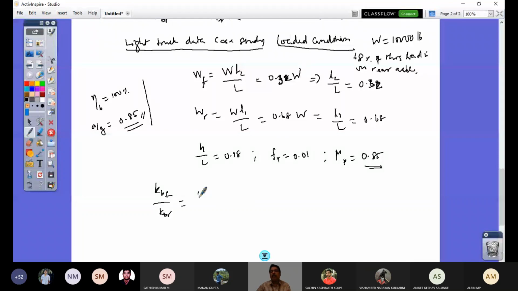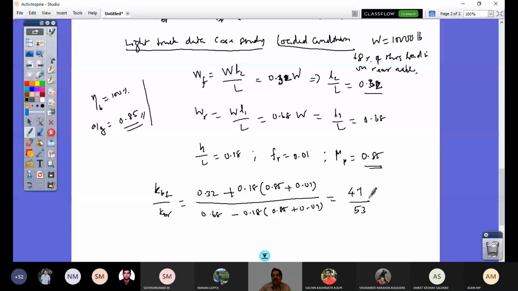L2 by L is 0.32 plus H by L 0.18, within bracket, I have my mu P, which is 0.85, and FR is 0.01, divided by 0.68 minus 0.18, then bracket 0.85 plus 0.01. So if I work this out, I get a numerator of 47 by denominator 53.